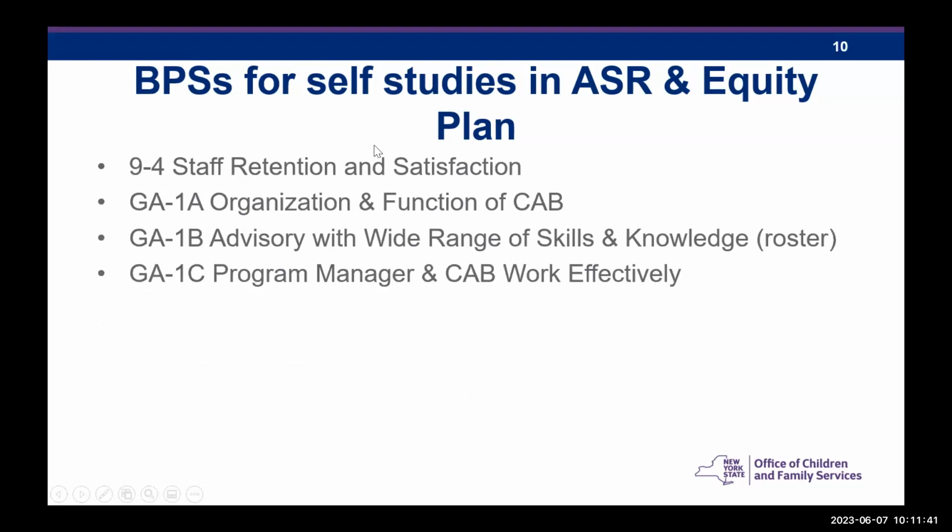Then 94B is staff retention and satisfaction, and then the 3 remaining are the governance and administration, so the organization and function of your advisory board, and the advisory board with a wide range of skills and knowledge, so your roster. And then the last one is the standard that's related to program manager and community advisory board working effectively.